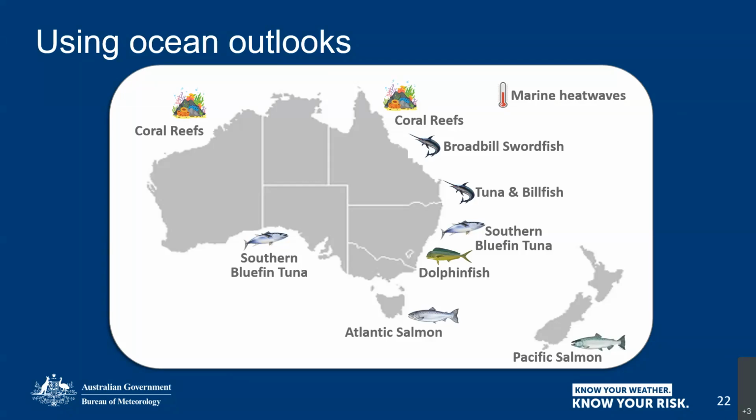off the coast there. But in other regions around Australia, there is also interest in this kind of sea surface temperature seasonal forecasting product, primarily fishery and aquaculture industries in the Southern Ocean or along the east coast of Australia. Some of the fish that are identified in this slide, for example tuna, salmon, swordfish, billfish, these are pelagic fish.